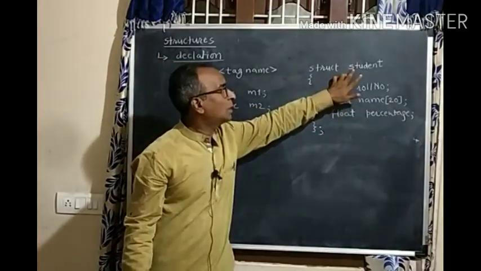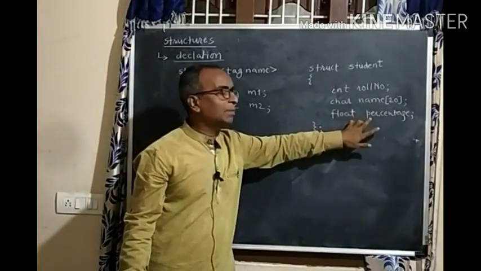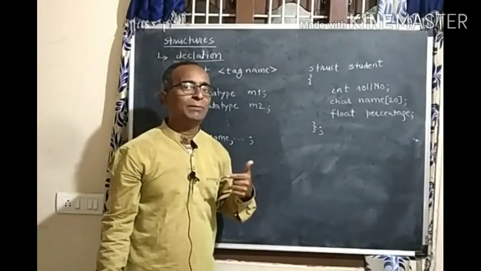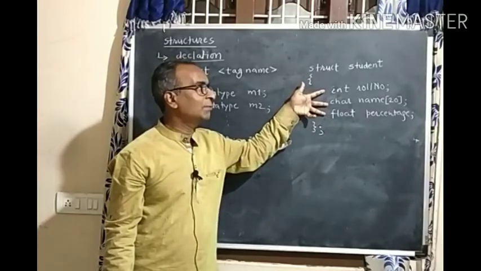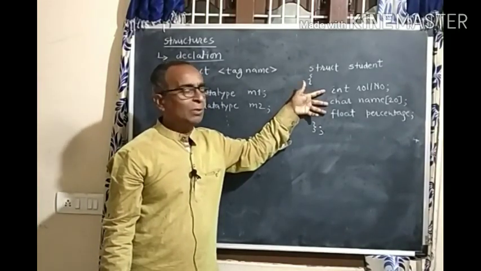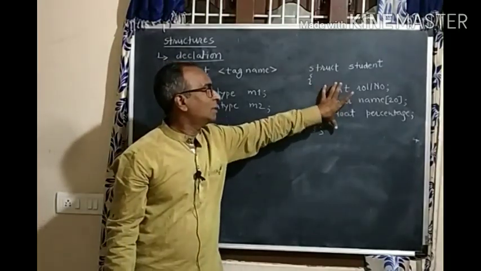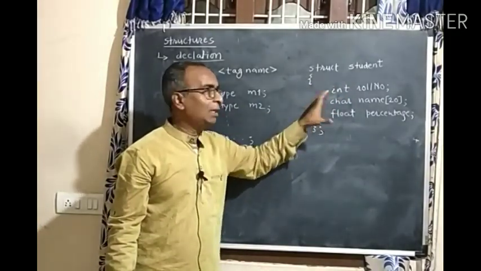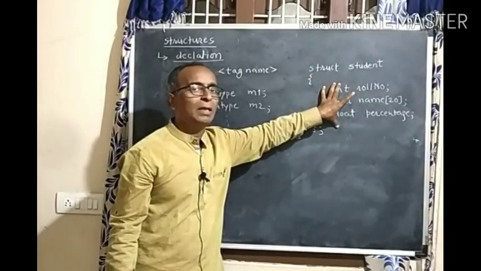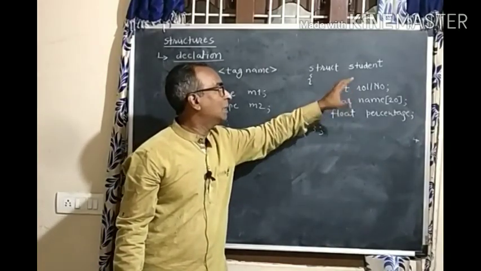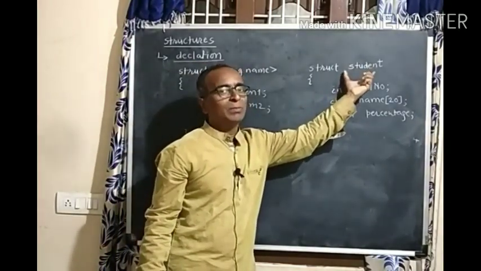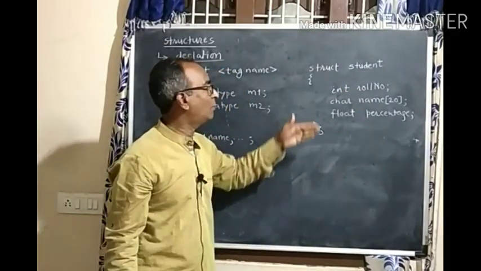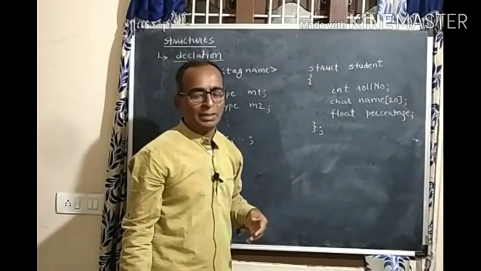What happens? A student may have roll number, name and percentage. If we want to store each student's information, these three members we will be reading, right? So logically what we have done is, these three different typed variables, we have a collection, and this collection's name is student. Yes, we are forming a new data type here. By structure, we are forming new data type, right?